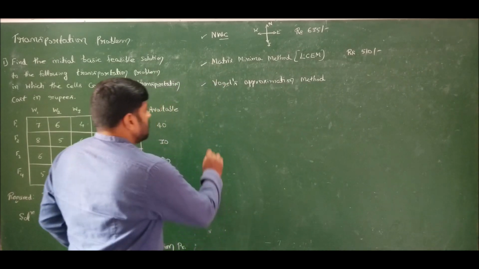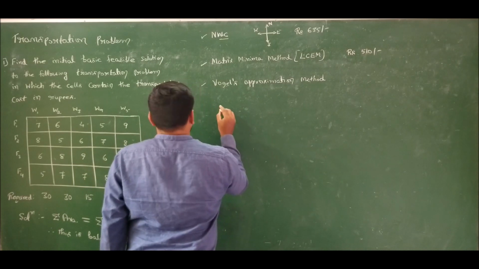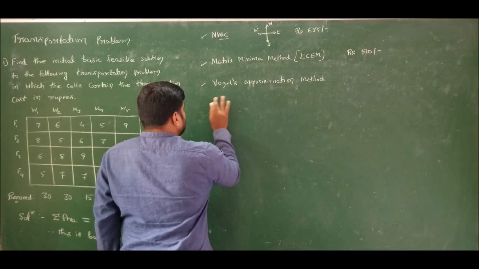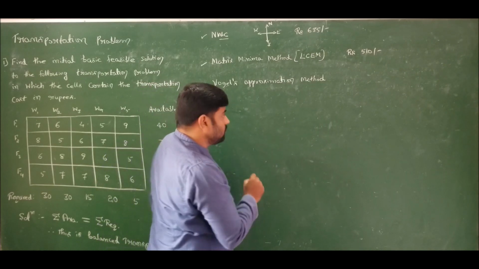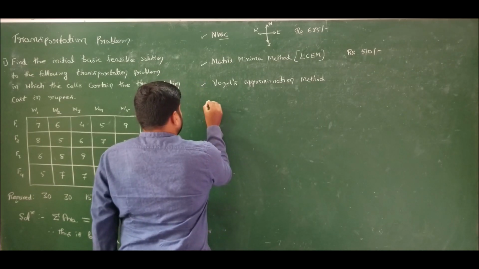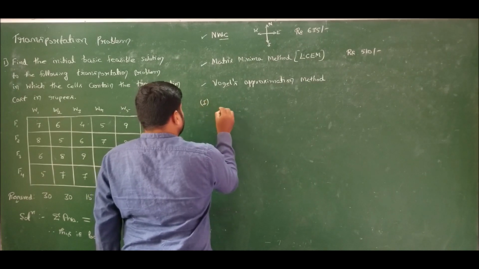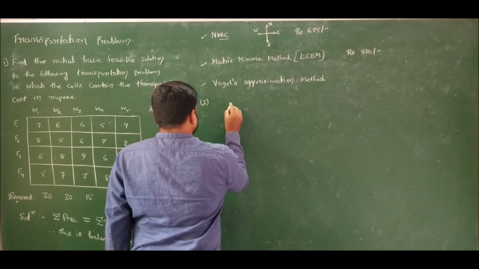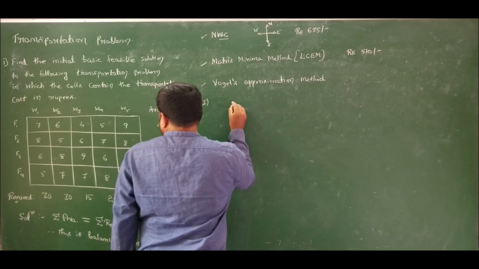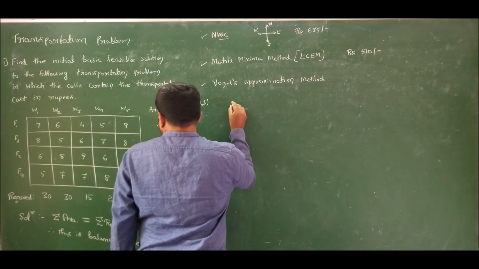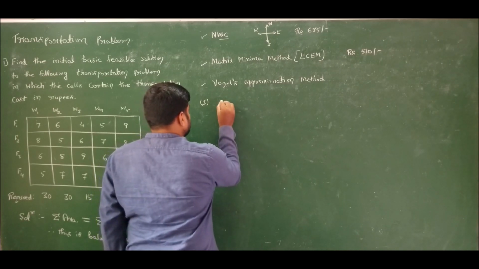Come, let us discuss and solve the given problem using Vogel's approximation method. Vogel's approximation method is based on penalty, so I should calculate the penalty for both row as well as column. Let us formulate step 1, keeping it as earlier so that we use the same procedure.